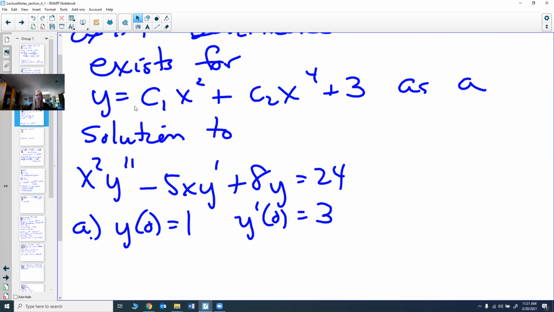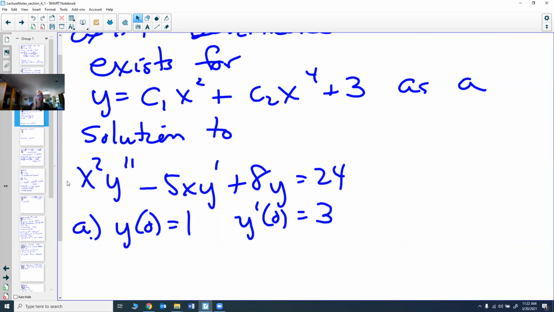When I look at this, I'm trying to decide: is there going to be a unique solution? The thing to look at is, in your differential equation, are all of the coefficients, the x squared, the minus 5x, the 8, the 24, all continuous? And the answer is yes, they're all continuous. But the other thing is your leading coefficient, the one with the highest order derivative, needs to be not 0.